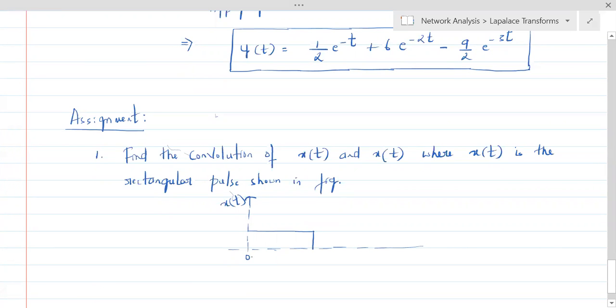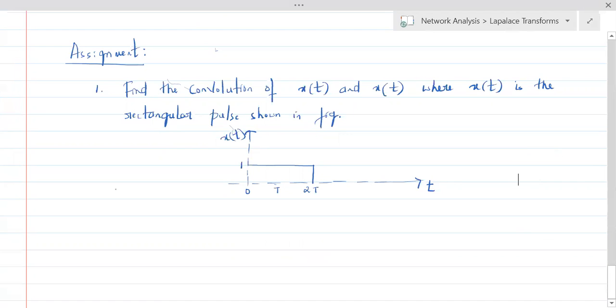This is 0. Then in between we have t, then we have 2t. Okay. The amplitude is 1. And this is the time axis. So this is x of t. Okay. So you need to convolve x of t with x of t. You have to obtain the convolution of x of t and x of t.